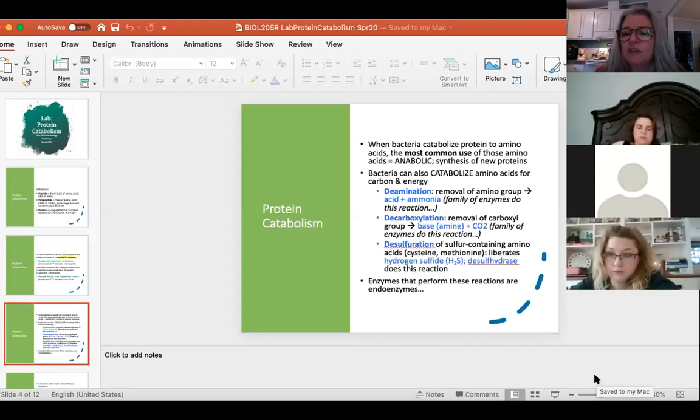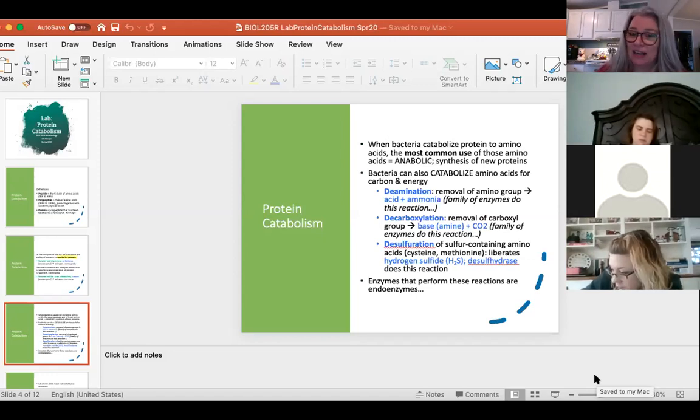It's important for us to remember here that the most common use of an amino acid in a microbial cell is to build new protein with it, okay? Most of the time when a bacterial cell absorbs amino acids, it's going to use them for an anabolic reaction. It's going to use them to build its own protein.